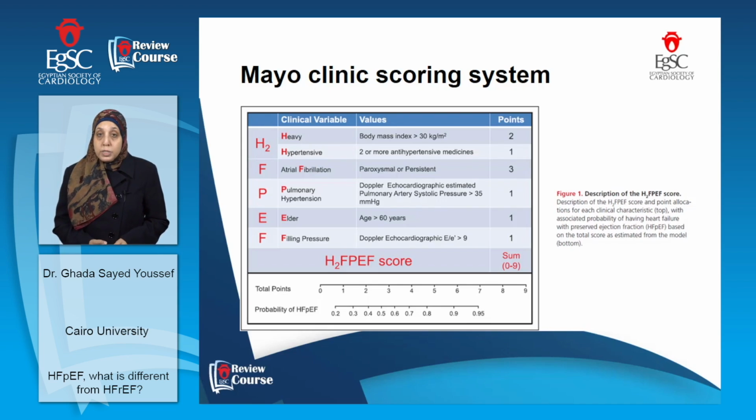The items included in this scoring system are the weight, body mass index more than 30, hypertension, diagnosed as the need to use 2 or more antihypertensive medications, the presence of atrial fibrillation, whether paroxysmal or persistent, the presence of pulmonary hypertension, diagnosed as pulmonary artery systolic pressure more than 35, age more than 60, and high filling pressure, diagnosed as Doppler echocardiographic E to E prime more than 9.